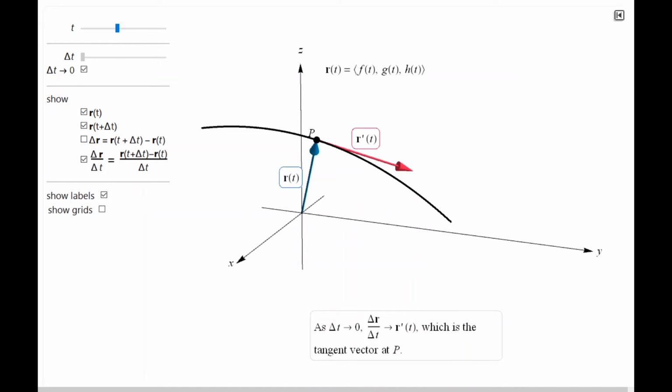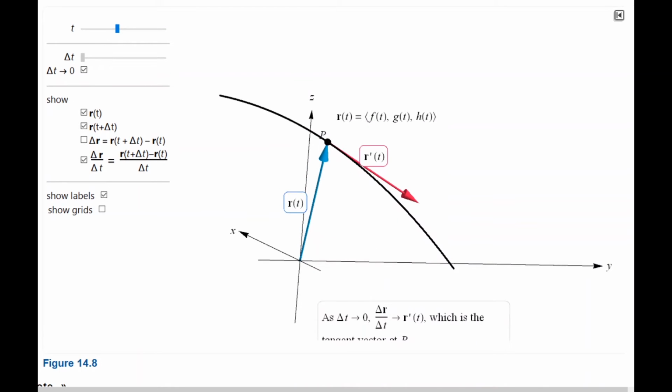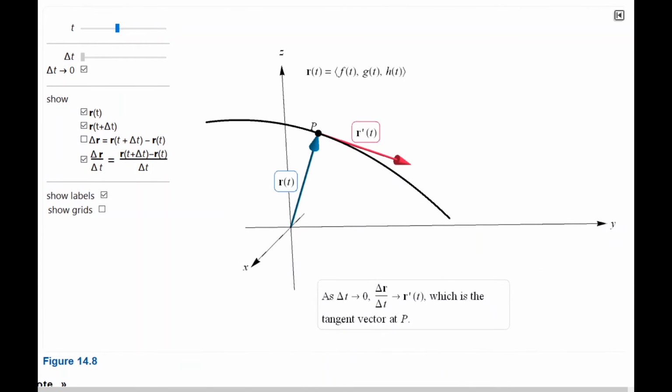Something extremely important to pay attention to is that r prime is tangential to the curve. It touches this curve at this point and is tangent to it. Whenever we need a vector that is tangent to a curve, we will use the derivative.